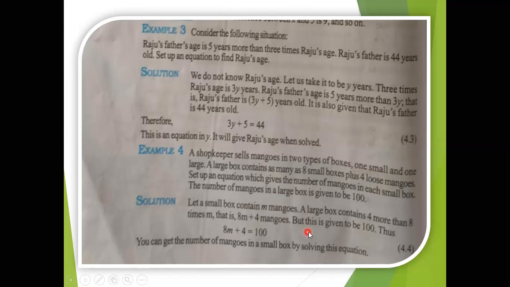But this is given to be 100. So you get 8m plus 4 equals 100. You can get the number of mangoes in a small box by solving this equation. This is the way we write equations for the given statements, or statements for the equations.